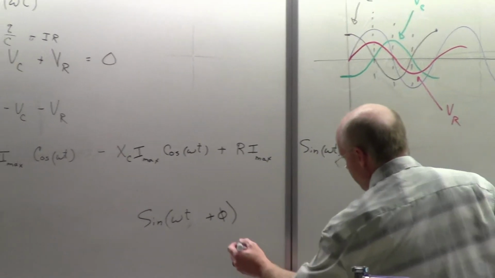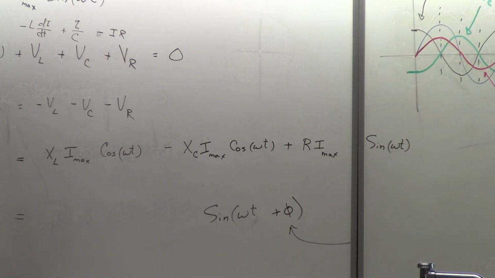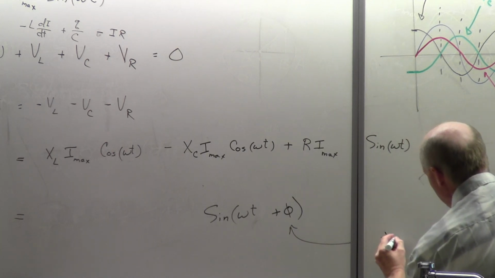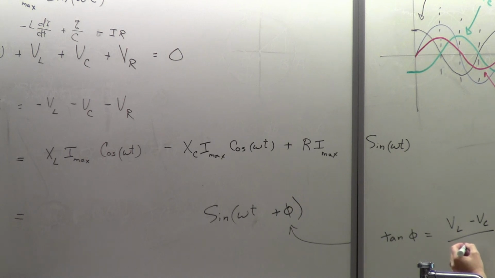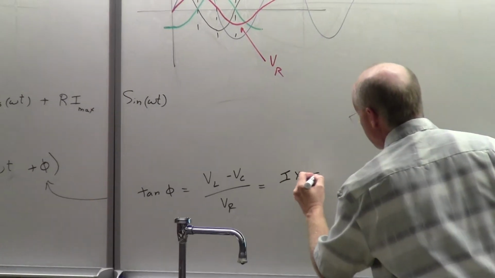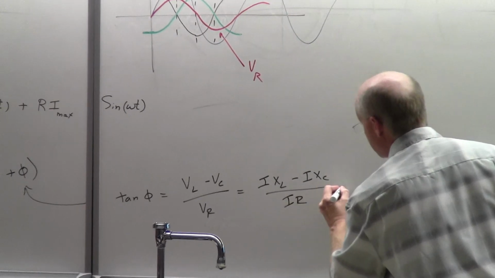And how would I get that phase? Yeah, the tangent of that phase would be what? It would be this height, which is VL minus VC over VR. And that is current times the reactance, current times the reactance, current times the resistance.